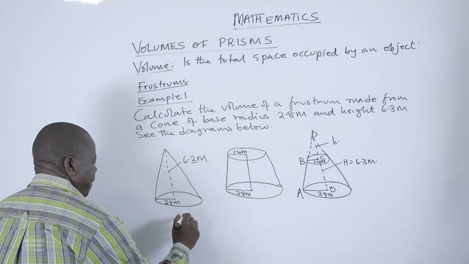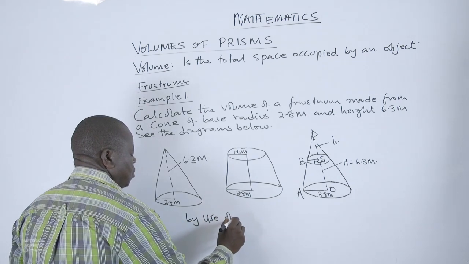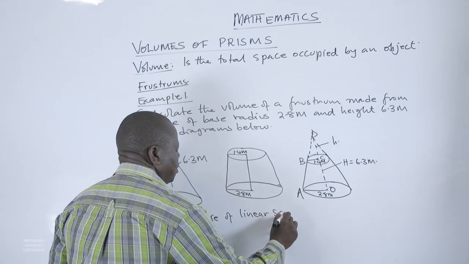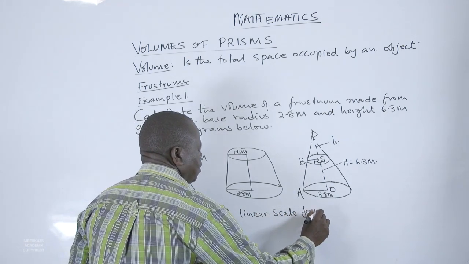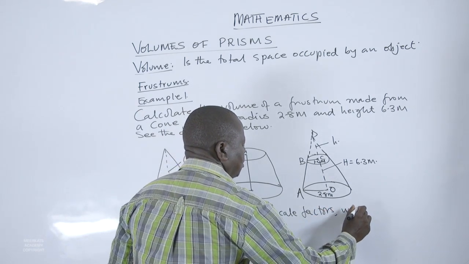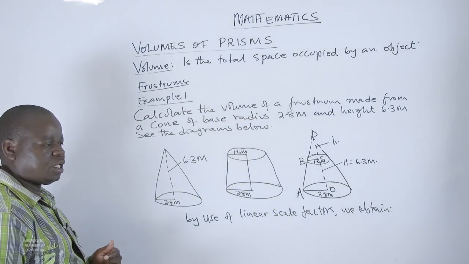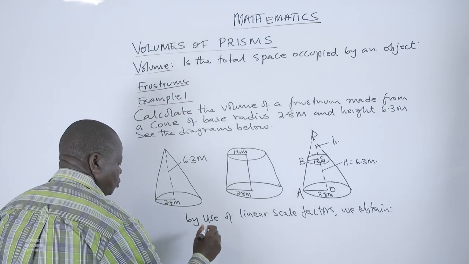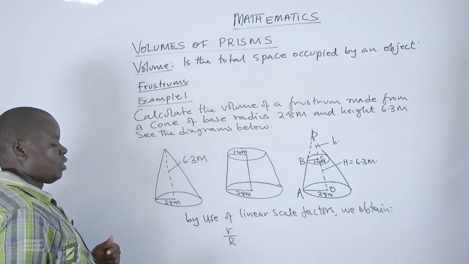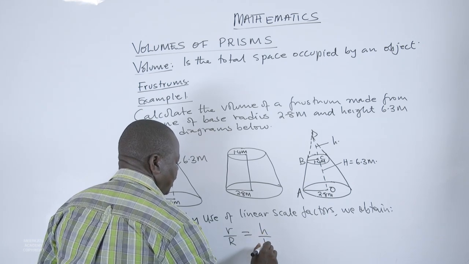So R over R should be equal to h over H capital.